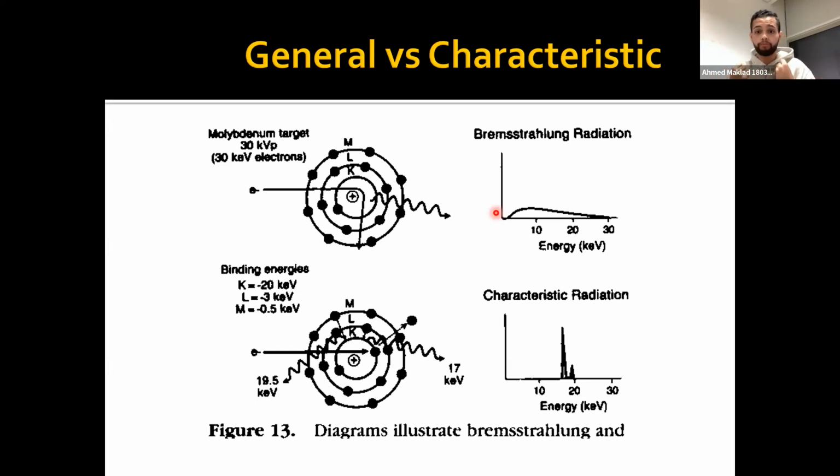So the patient will absorb the X-rays, and this is bad because any energy absorbed into the body will cause ionizing damage to the DNA, to the mitochondria. And that's why general radiation is bad, because it's low in energy, all right? So the lower the energy is, the higher the chance it's going to get deposited inside your body, the more damage it's going to cause.